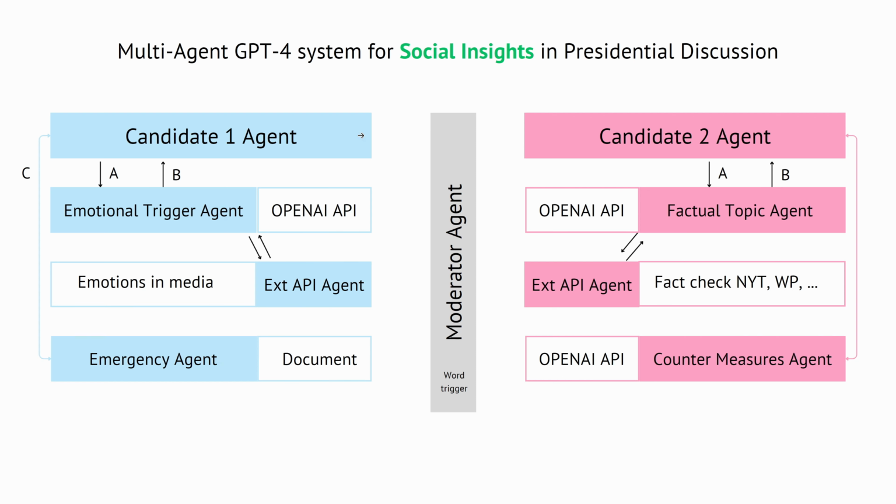Yeah, of course, the moderator agent, you can have, for example, that it snaps into place after every candidate 1 and 2 had 2 statements, and then the moderator comes in. Or you have a moderator that is listening to the conversation and acts only on specific word triggers.